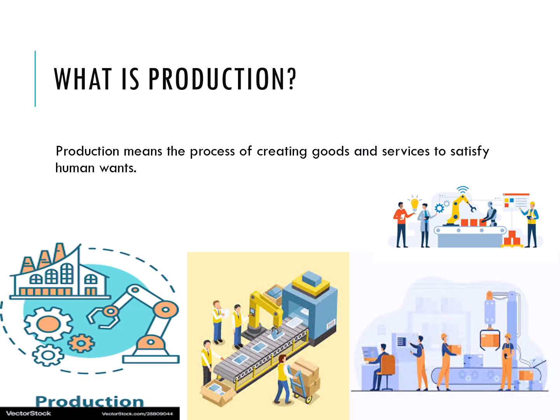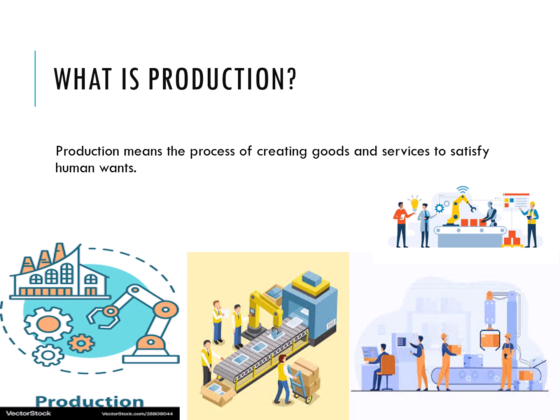Production. Production means creating goods and services to satisfy human wants and needs. In simple words, production is the process of converting resources into useful products. For example, when wheat is converted into flour and then flour is used to make bread, this whole process is called production. Similarly, when a car company manufactures vehicles or a teacher provides education services, both are examples of production.